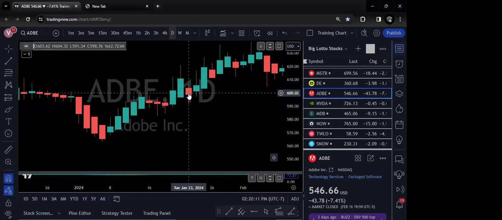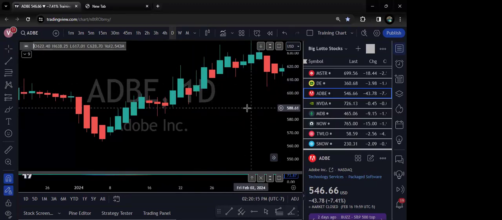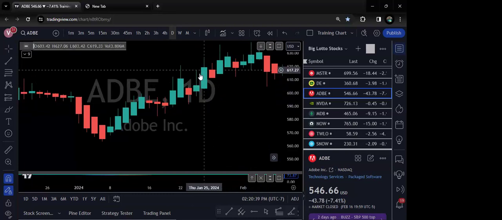Okay, so the next day, what candle did we have? Is it a strong bullish candle? No. It's almost like an indecision candle. If you want to swing a stock, it has to be a strong bullish candle.